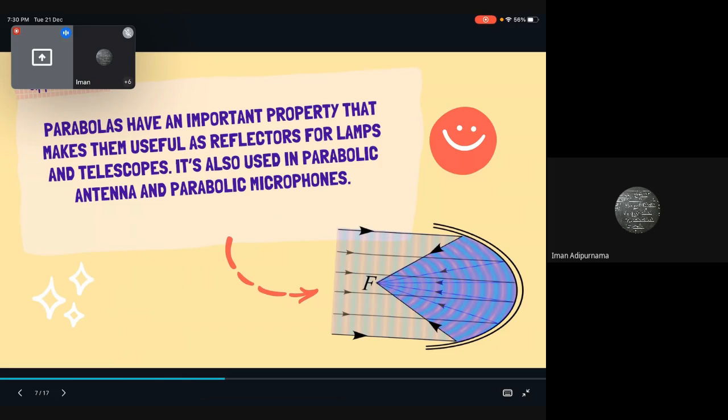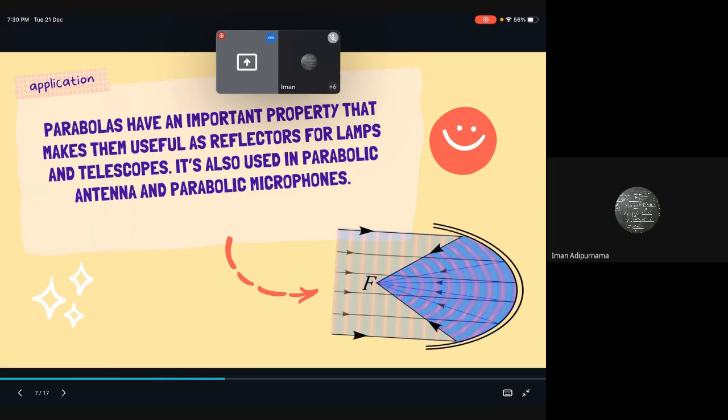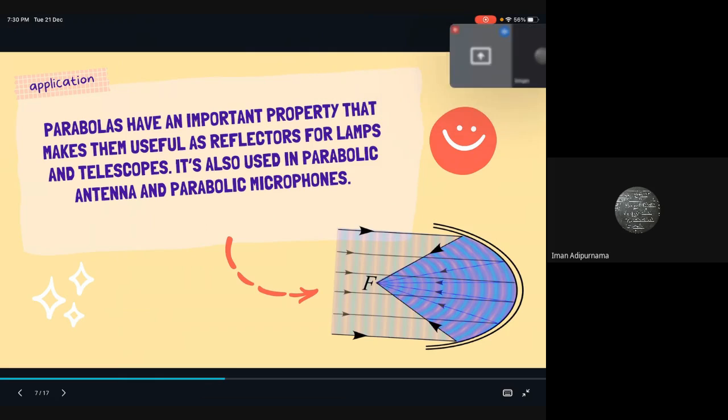For the applications of parabolas, they have an important property that makes them useful as reflectors for lamps and telescopes. Here I put the graph of how the light goes inside the parabola and reflects. They are also used in parabolic antennas, like the huge ones, and parabolic microphones. So parabolas are really useful, mostly in engineering.